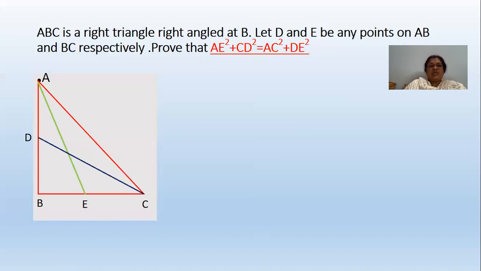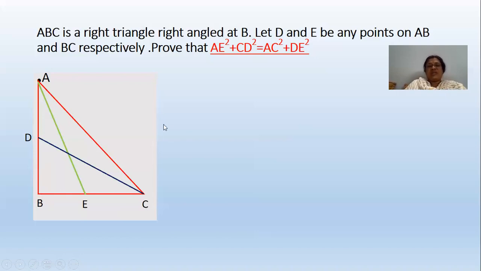This AE is nothing but the hypotenuse of triangle ABE, isn't it? Likewise, CD is nothing but the hypotenuse of the right angle triangle BCD.